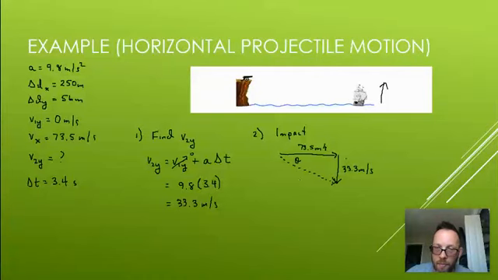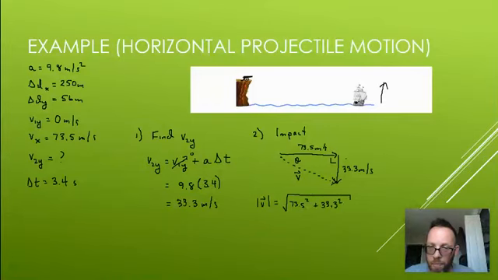We can now find this impact velocity just by using Pythagorean theorem and the tangent ratio. So the size of that impact velocity is just the root of 73.5 squared plus 33.3 squared. This is just Pythagorean theorem.